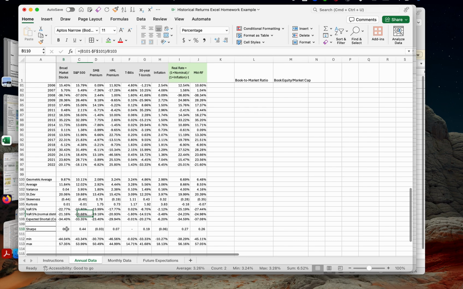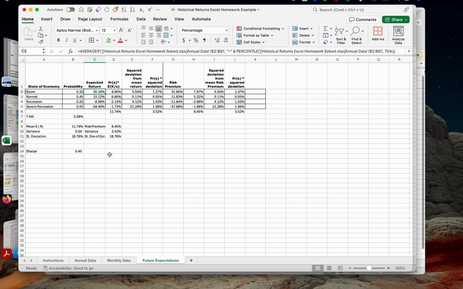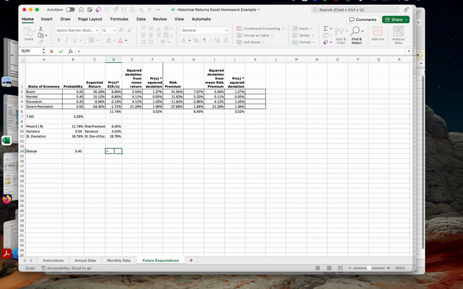It was 0.43 when you didn't have the smoothed averages of expected returns. For the risk premium, we should expect something very similar. This should be the same because this is just a different way of calculating a Sharpe ratio.